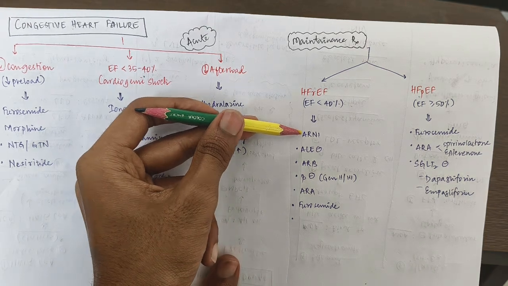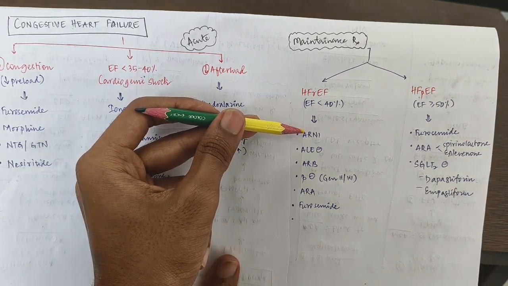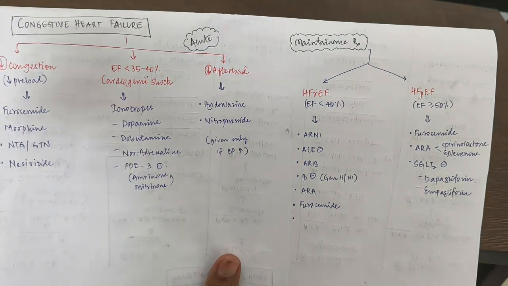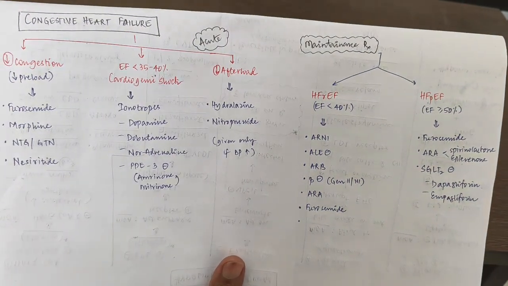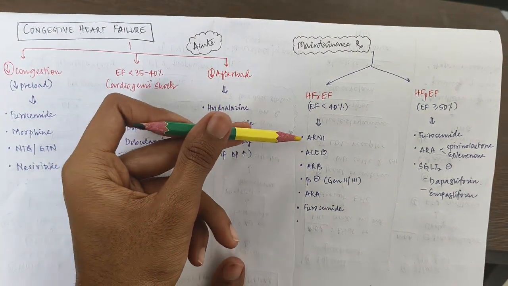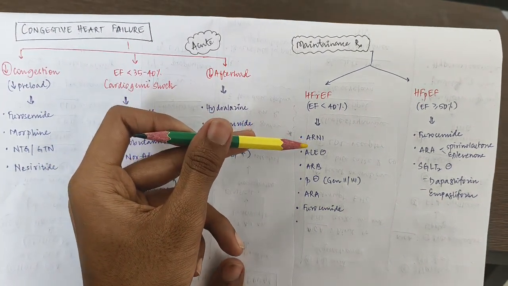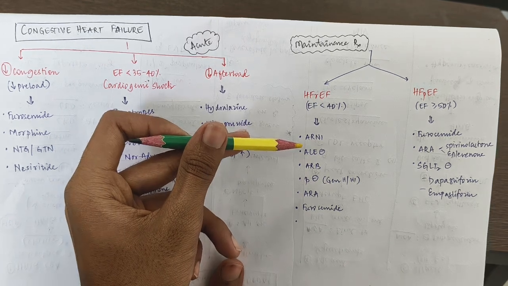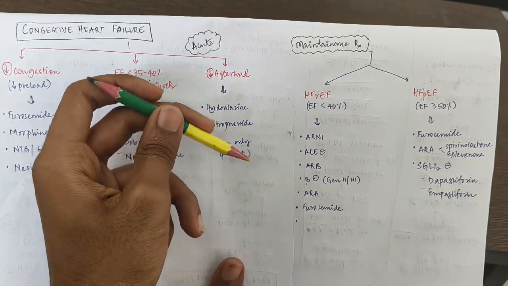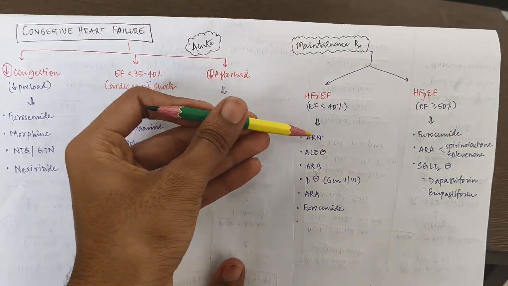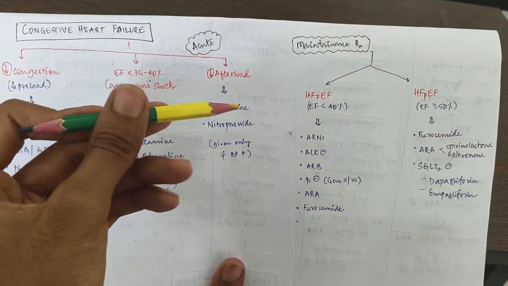It is a neprilysin inhibitor. Sorry, I was not audible. You combine the neprilysin inhibitor with sartans. What are sartans? They are ARBs, angiotensin receptor blockers. ARBs combined with a neprilysin inhibitor is called ARNI.